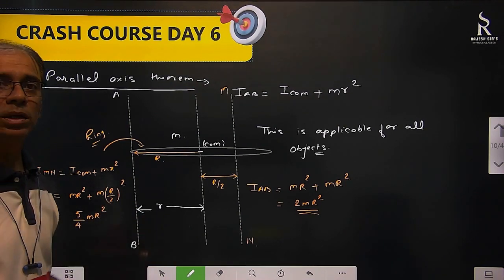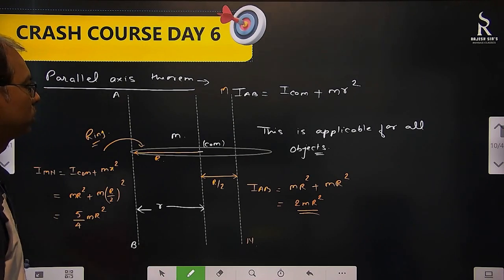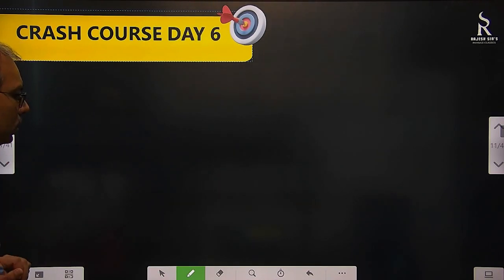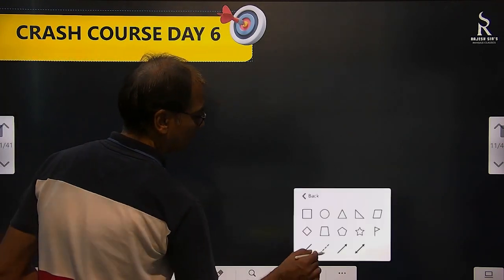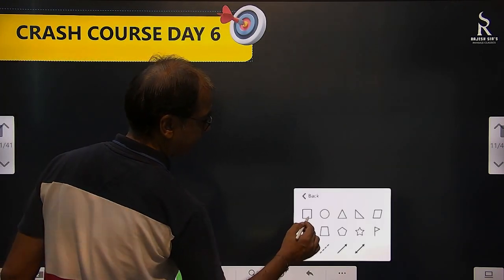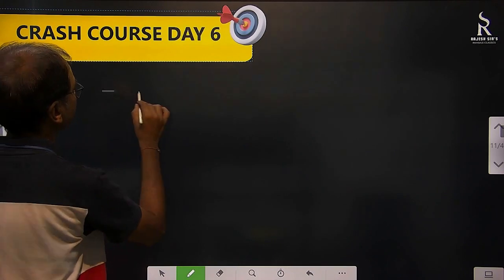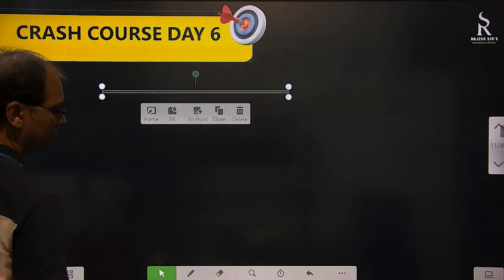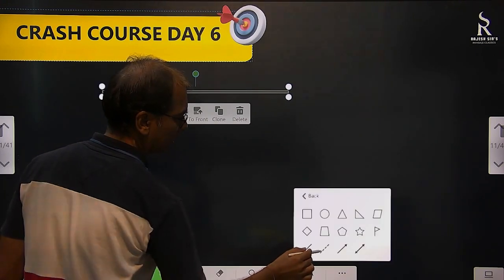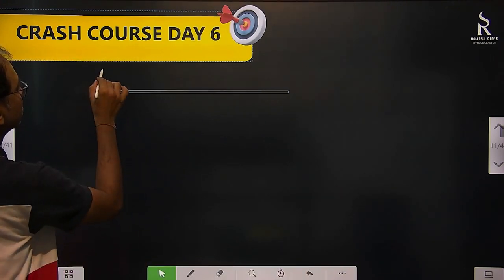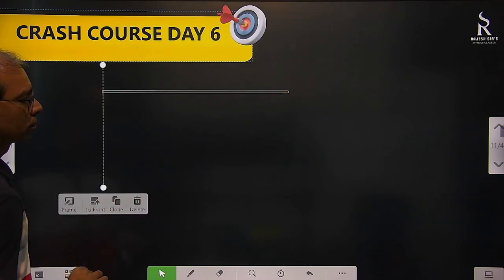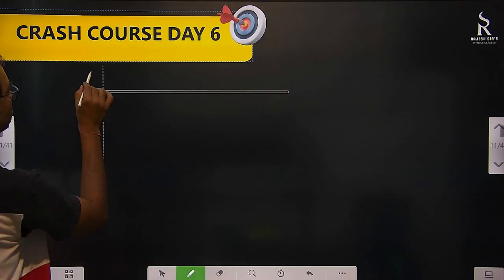Same thing we'll do in rod's case, because rod also has one more standard value. What is that? Let's see. If we are taking a rod, suppose this is the rod here, and I want to find moment of inertia about an axis passing through its end, like this. I want to know moment of inertia about this axis AB.